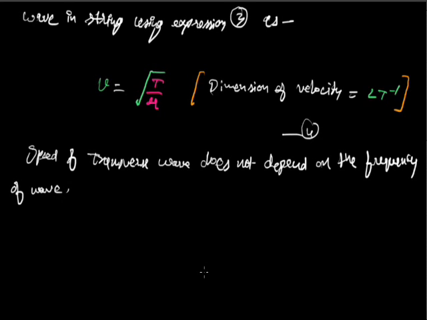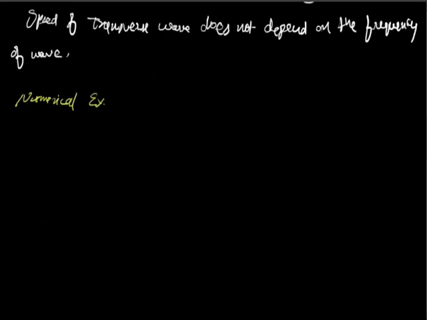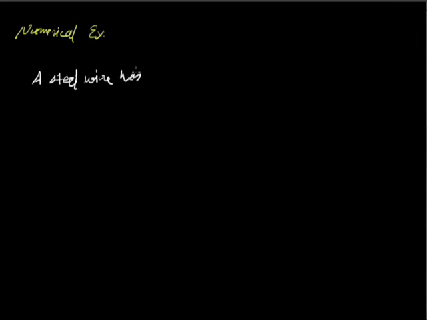Now we can take a numerical example for this expression of velocity. Say a steel wire has 0.72 meter length and mass 5 multiplied by 10 to the power minus 3 kilogram.